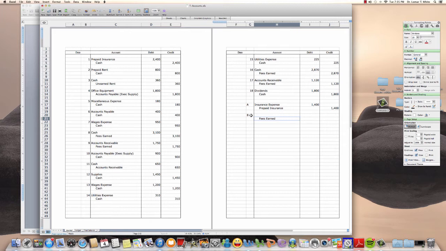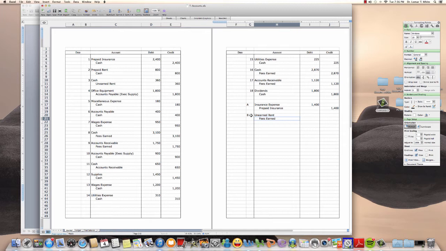In order to decrease it, we debit it. And we want to decrease it. So I'm going to make a debit to my unearned rent account. Okay, so the entries that we're going to make, I want to reduce my unearned rent account because I've earned those fees. So I'm going to debit my unearned rent account to reduce it, and I'm going to credit my fees earned account to increase it.